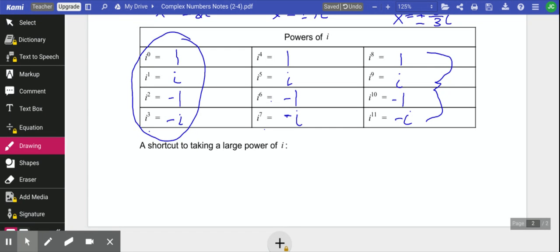So all you really need to remember is i squared is negative 1 and i cubed is negative i. The shortcut is any power, like let's say we decided to do i to the 37th power, just because. You're going to take that 37, you're going to divide by 4 and find the remainder.